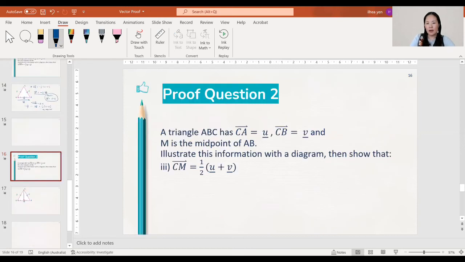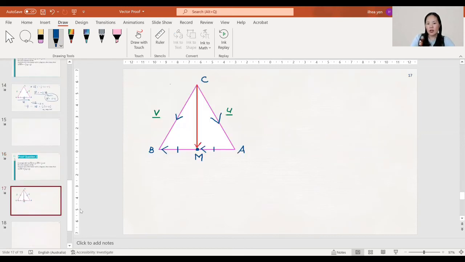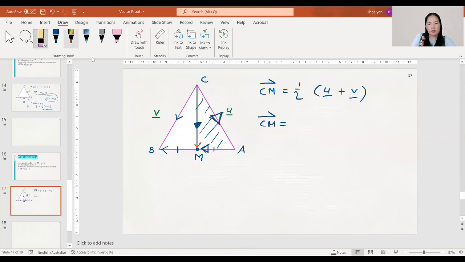Okay, the last part, looking at the diagram here, I just sketch the vector CM. So we have to prove vector CM equals half of vector U plus vector V this time. CM equals, that's going the same current, so that's U, vector U, plus vector AM, isn't it?